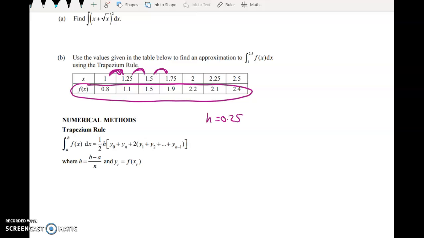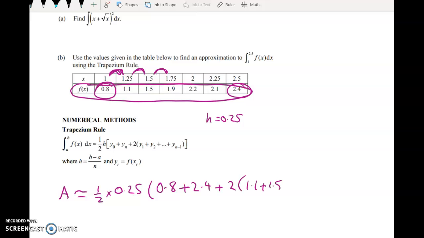So all we have to do here is to say that my area is roughly 1/2 times 0.25, and then I want my two endpoints in there once, 0.8 plus 2.4, plus two lots of 1.1 plus 1.5 plus 1.9 plus 2.2 plus 2.1.